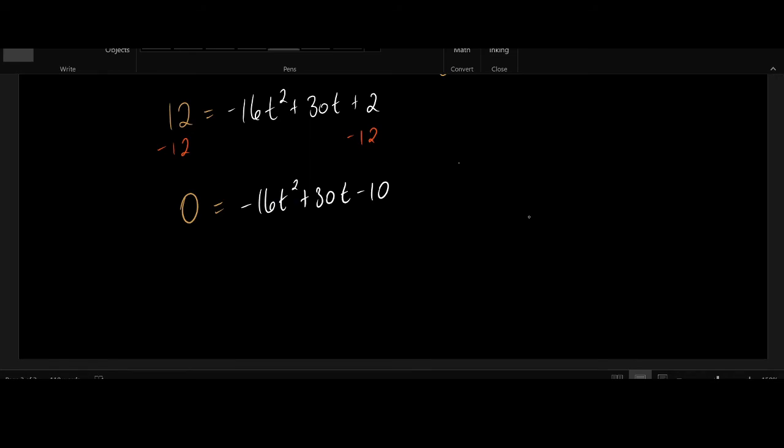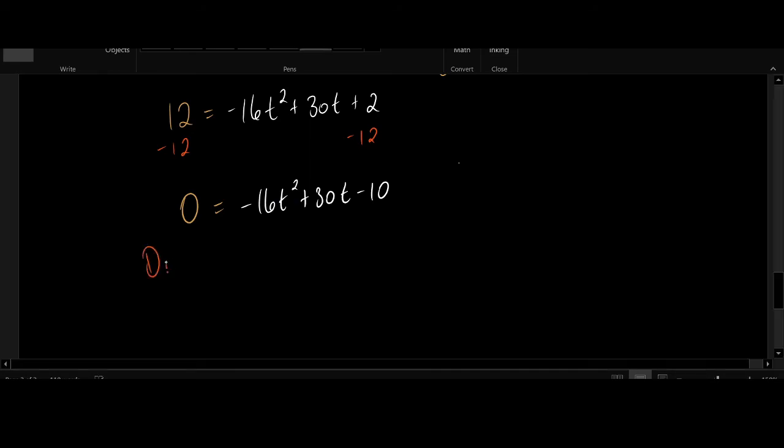So now, using that, let's calculate the discriminant for this part of the problem, which is equal to b squared minus 4 times the a value times the c value. In this case, we get a discriminant of 260.